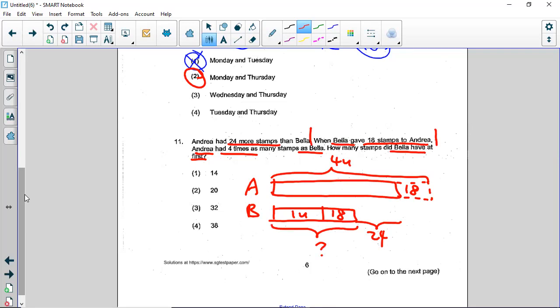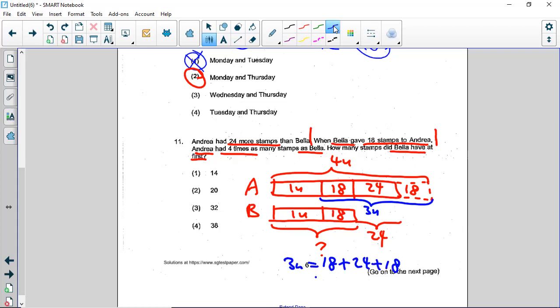Then after you draw already, what do you do? Cut it, above and below the same. Here cuts 18, and then in the middle is your 24. Then look at the model and compare. Model is about comparing, so you will have to compare the units first. You can see that there are 3 units here, which is equal to 18 plus 24 plus 18.